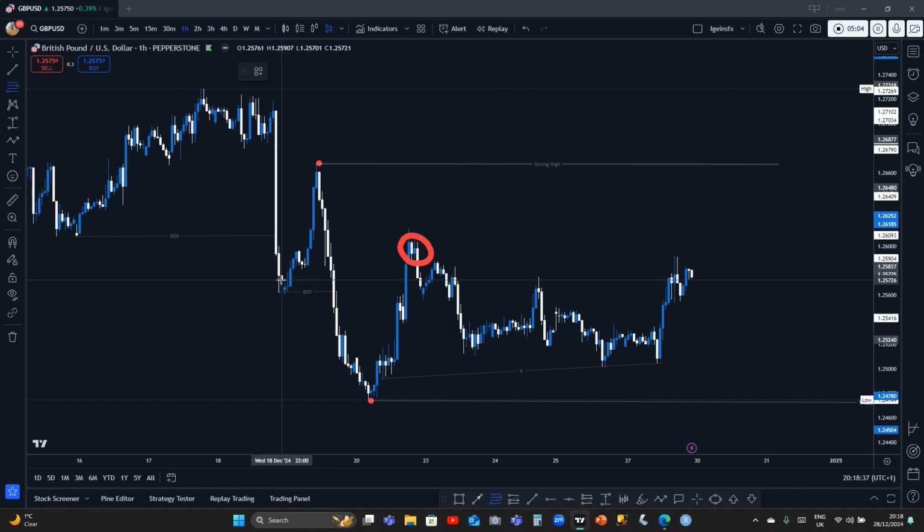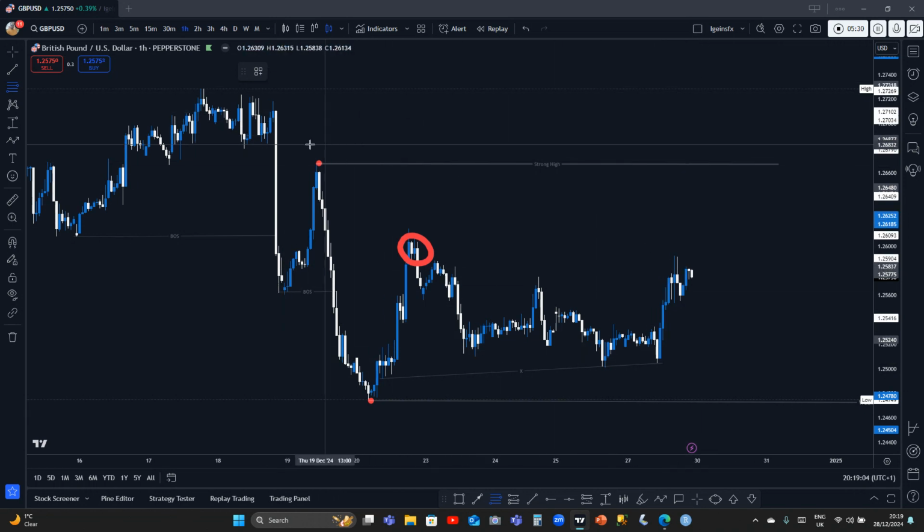Now that this high has successfully done its job by breaking structure to the downside and it created another low, it means that this is a strong high. Anytime price action takes out this strong high, it means that the uptrend has started.